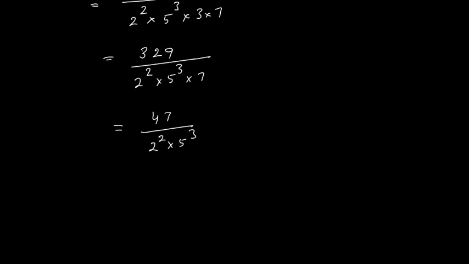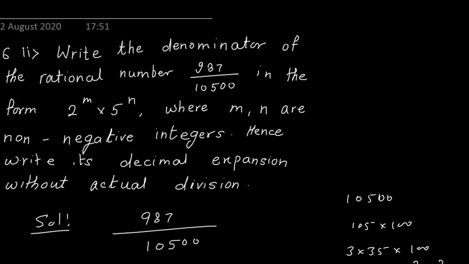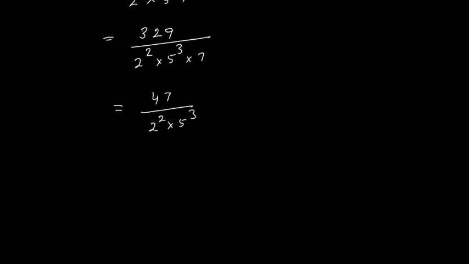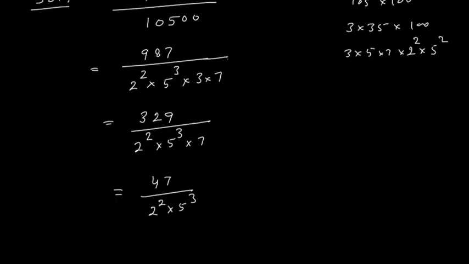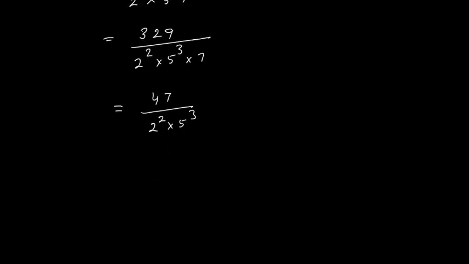Now the question is, write the denominator of the rational number in the form of 2 power m into 5 power n. So therefore the denominator is of the form 2 power m into 5 power n. Now write its decimal expansion without actual division. To write its decimal expansion, what we do?